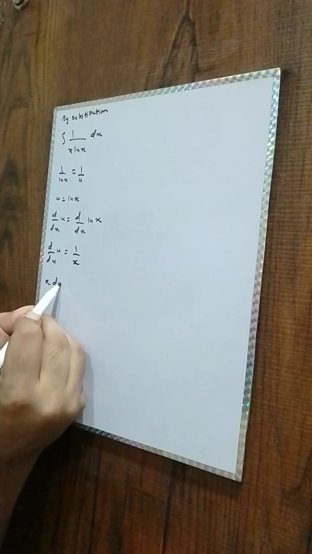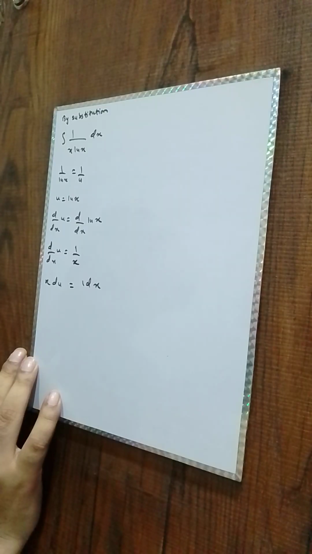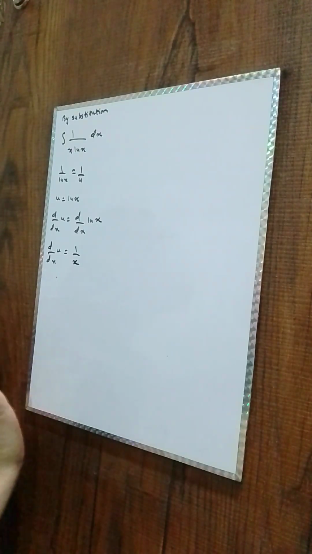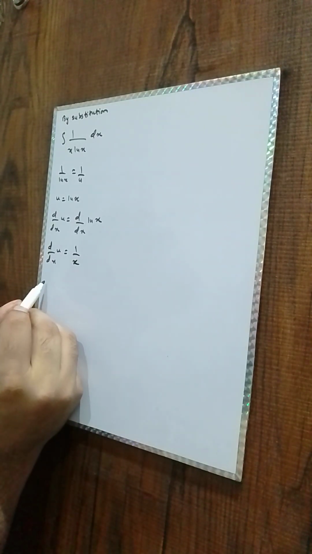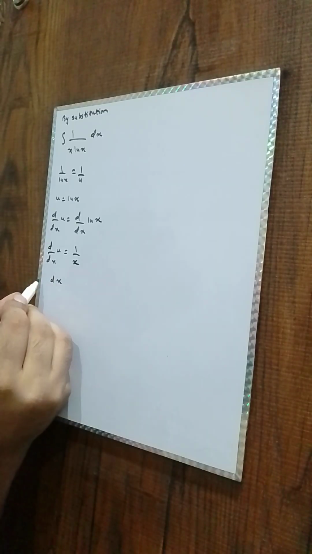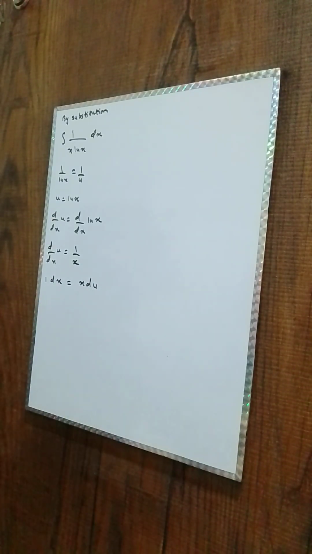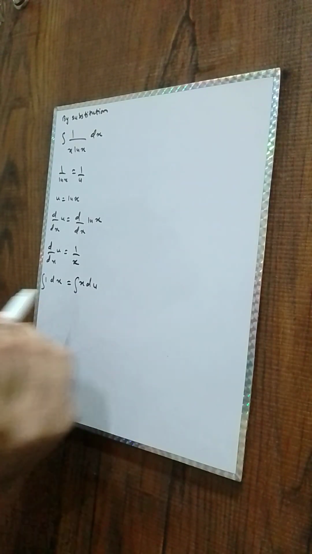Cross multiplication gives us x du and 1 dx, or simply cross multiplication gives us 1 dx is x du, and now we can integrate the whole thing.